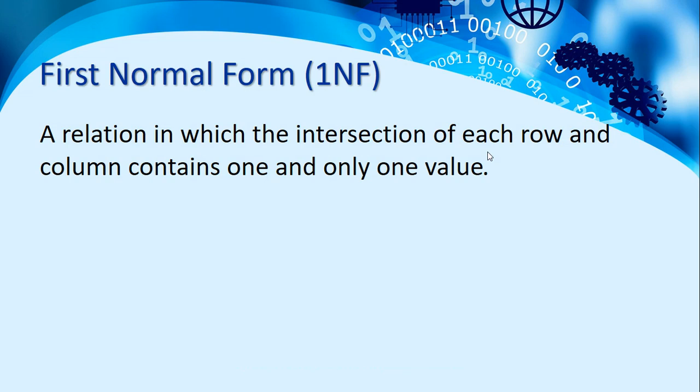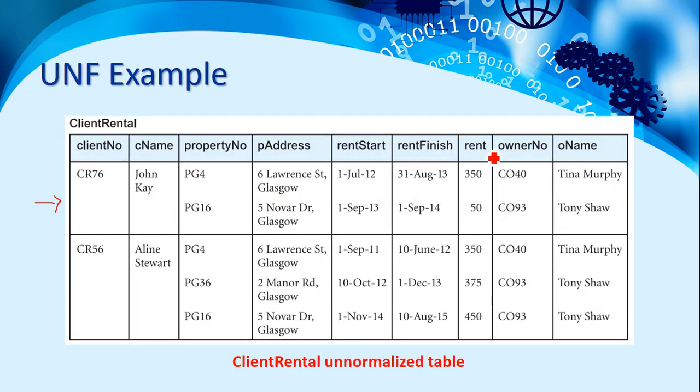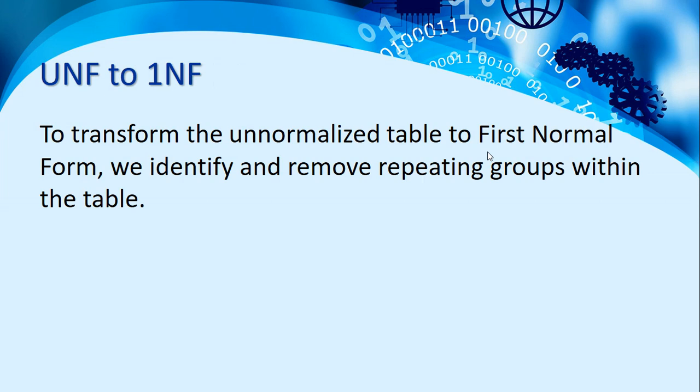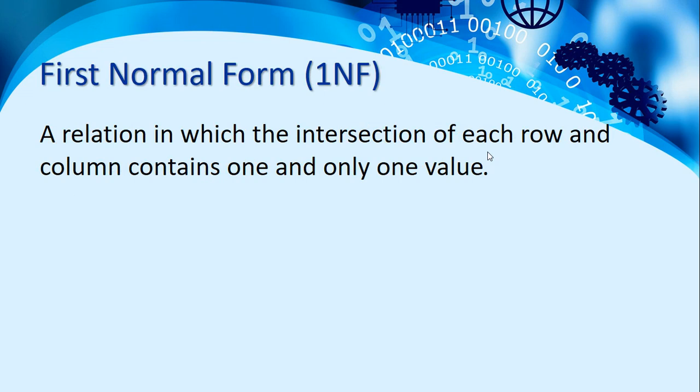Anyway, let's just proceed with the next slide. First normal form. When we say first normal form, this is a relation or table in which the intersection of each row and column contains one and only one value. If this is not clear to you, it will be clear later in our example.